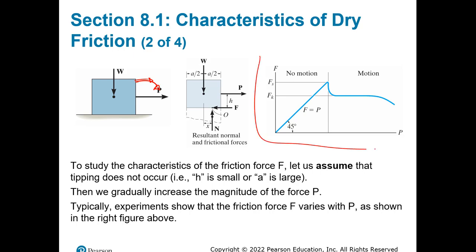As I said, you apply P, and at t equals 0 it will be like this, but then maybe 3 seconds later it will be like this, and then later like this. It will be increasing with time.